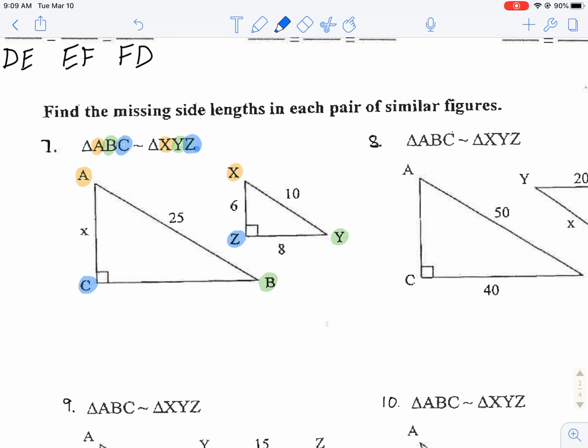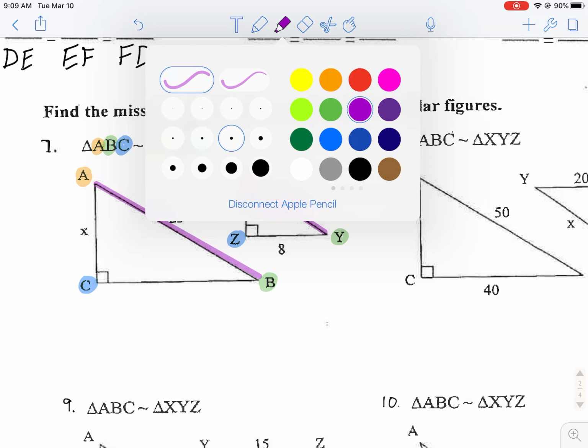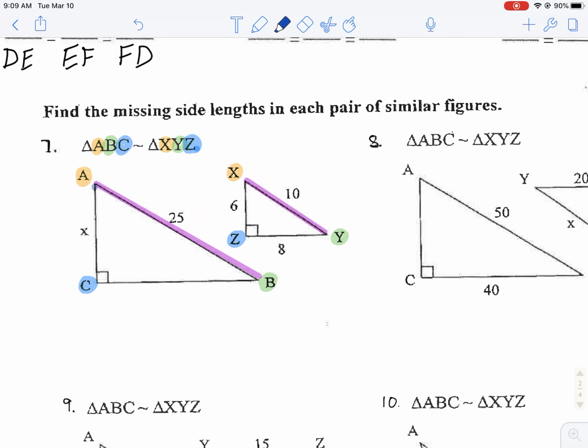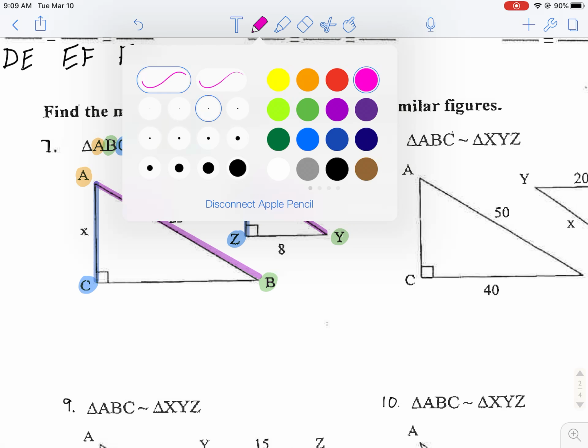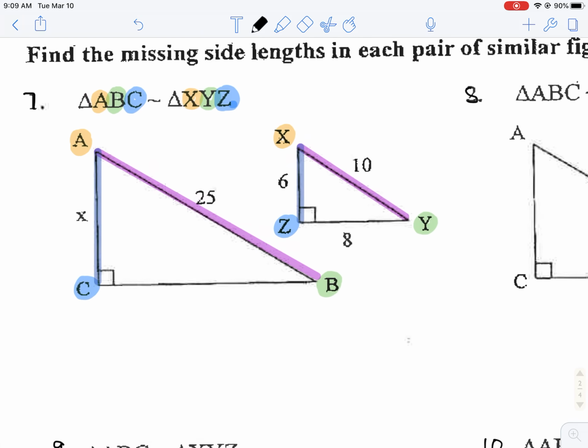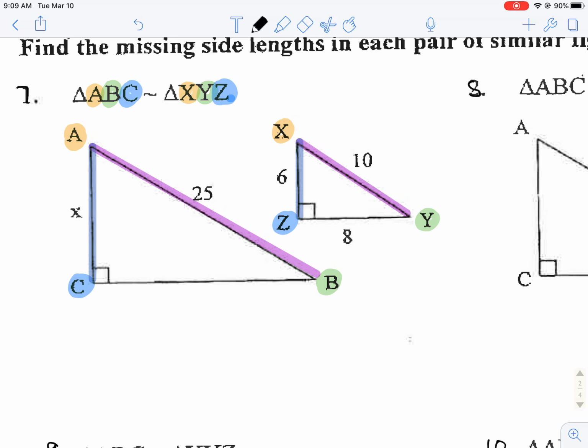So doing so helps me because now I can look at it and say, well, I know that A and B is going to correspond with X and Y. And then I can also determine that A and C would correspond with X and Z. So knowing that, I'm going to set up my proportional statement as AB over XY is going to be equal to AC over XZ.